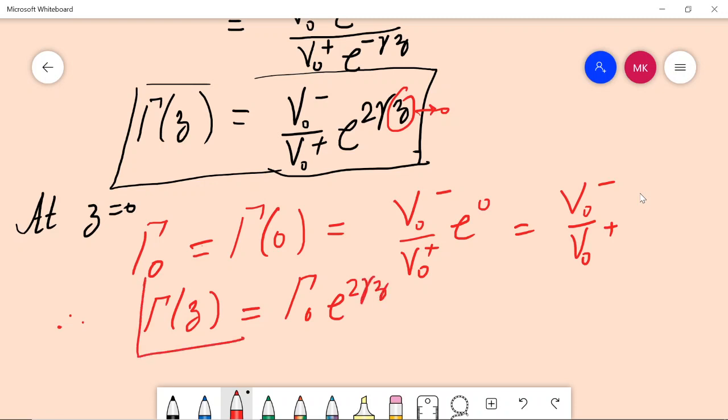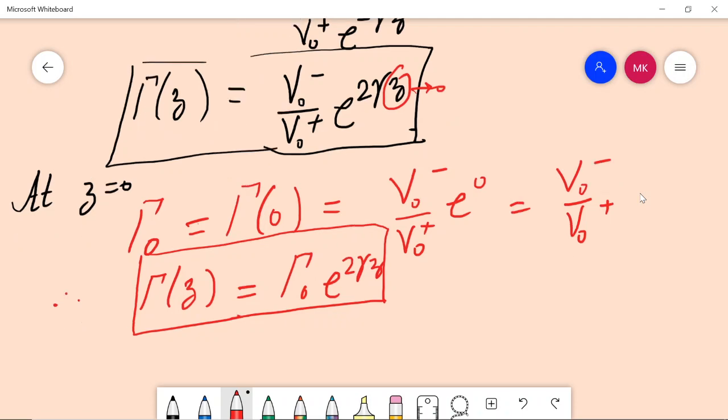This is how you can write gamma z. This is a function of z. If you know the initial value, that is, at z equals to 0, what is the reflection coefficient, and we know the propagation constant, we can find the reflection coefficient at any value of z using this expression. So once we know this gamma naught, we can find this one.